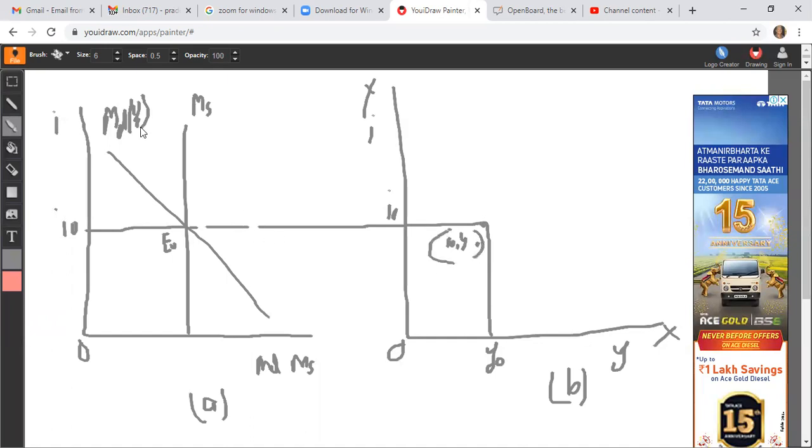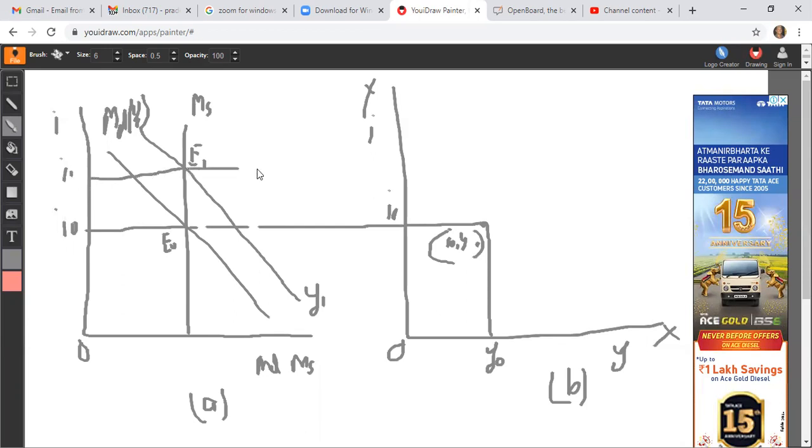Now, consider an increase in income and a consequent shift in the demand for money curve. You have the equilibrium. So income increases to Y1. As I said, the demand for money curve has shifted upward. You have the equilibrium point here between demand for money and supply of money, E1, and correspondingly you have the interest rate I1.